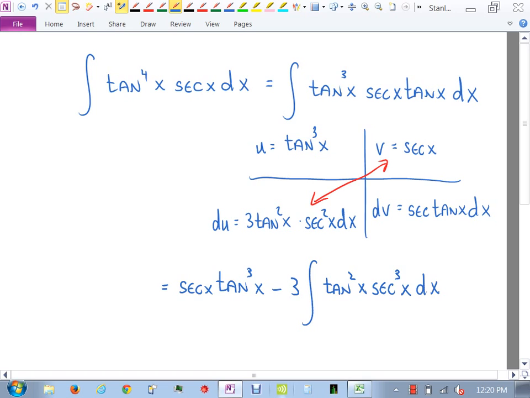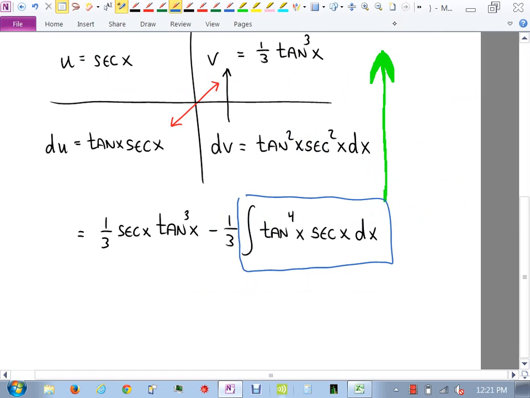Y'all still there? Okay. This was just that one integral, right? Yeah, I got to go back to the previous page because I forgot what was there. This was it right here, right? But it's going to be the 1/3. So someone's going to help me out because I don't have this written down.